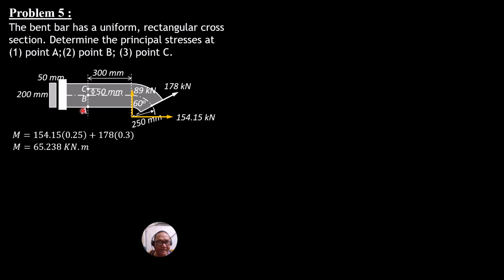So sigma Ax is equal to 154.15 times 1000 divided by 50 times 200, plus the moment 65.238 kilonewton meter times 1000 squared to convert to newton-mm, times C from the neutral axis, which is half of 200, so 100, divided by the moment of inertia of the section, 50 times 200 cubed over 12.